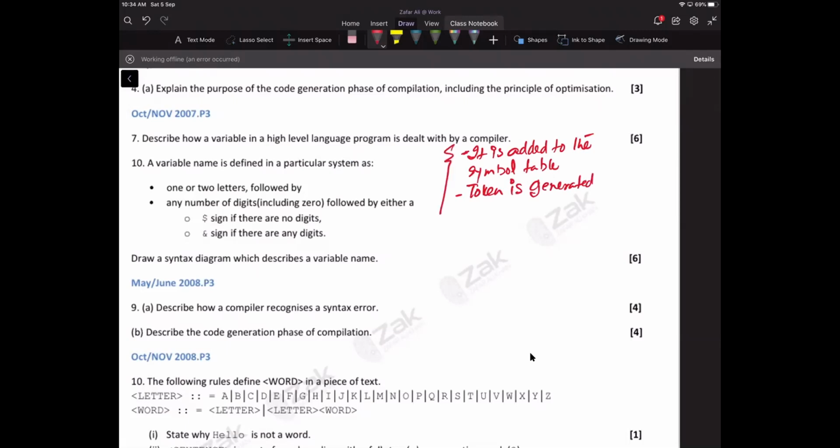Which stage is this? This is lexical analysis.